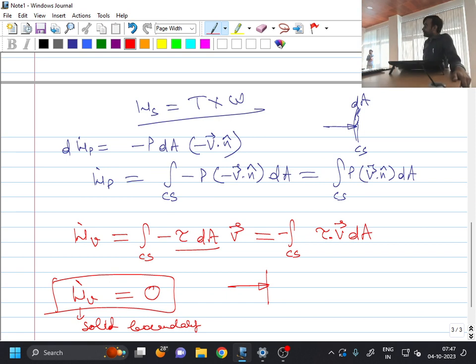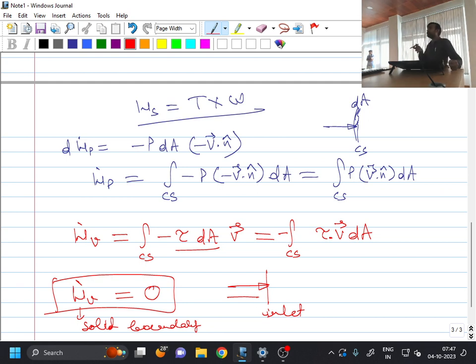Now, say this is my inlet, and this inlet is designed in such a way that the flow is always normal to it. So whenever I talk about this inlet, for the inlet work I have to consider only the component of the stress tensor which is parallel to this velocity.